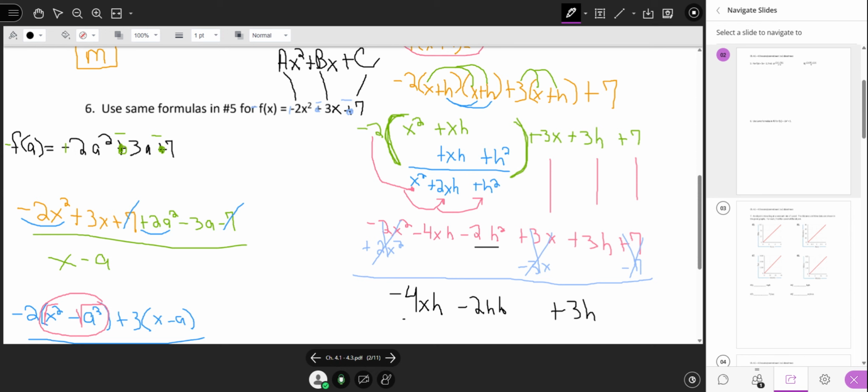Now, the last step is to divide everything by h. Choppa, choppa.